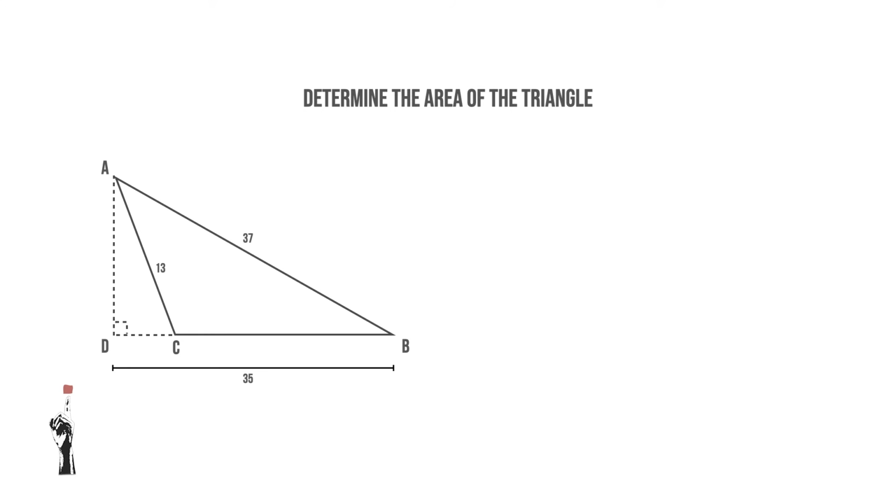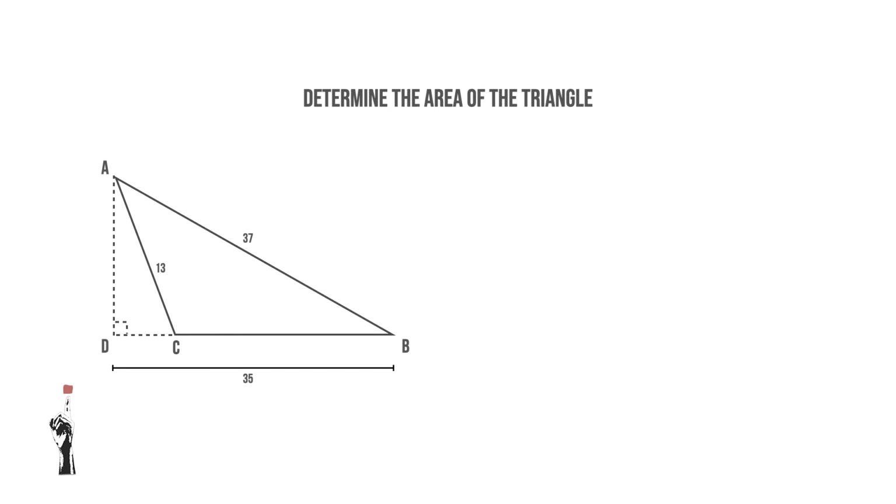Another problem I have is the fact that I cannot use the theorem of Pythagoras unless I have a right-angled triangle. I cannot use Pythagoras in this triangle as there is no 90-degree angle on the inside. Therefore, I can only use this big triangle and use Pythagoras to determine the length of AD.